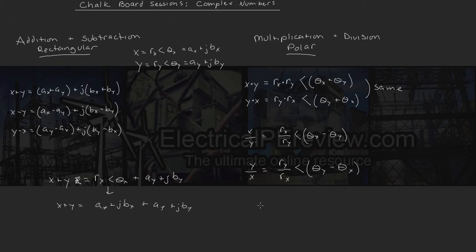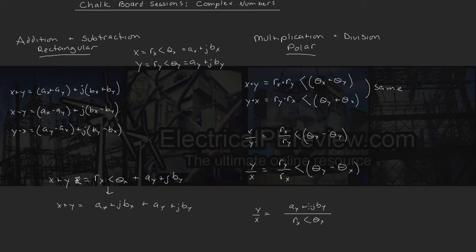Similarly, if we're given a vector in rectangular and polar and asked to multiply or divide, you'd have to convert the rectangular vector into polar. So say we're asked to do y divided by x. You're carrying out your formula, solving, say, for complex power, and you end up with something like this. Y in rectangular, Ay plus j by divided by x in polar, Rx at an angle of theta x.